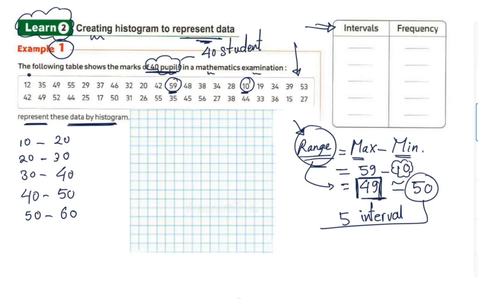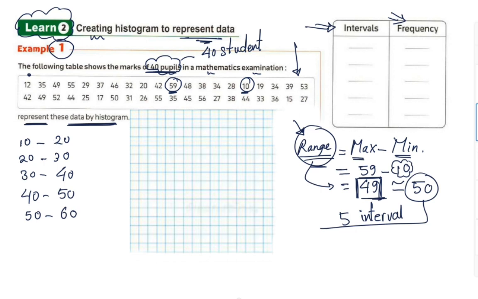And there is something called frequency. What is frequency? Frequency is the number of repetitions of each degree. That means I have 10 to 20, and I will count them.